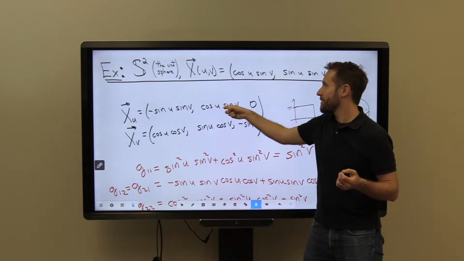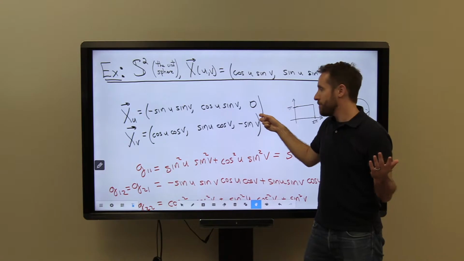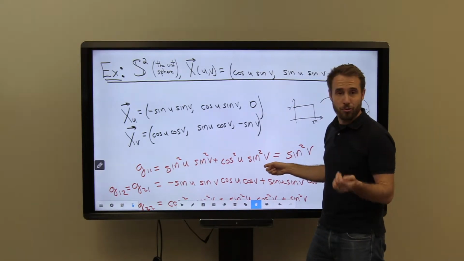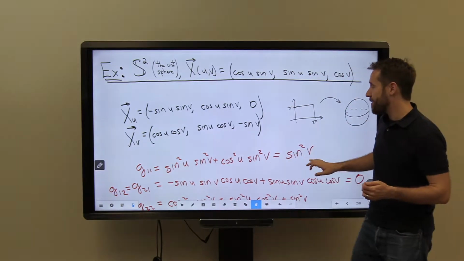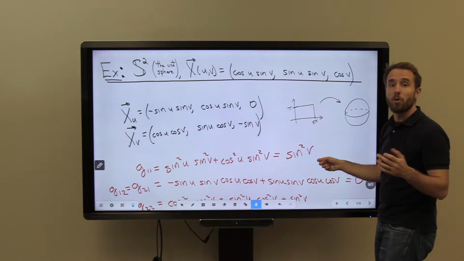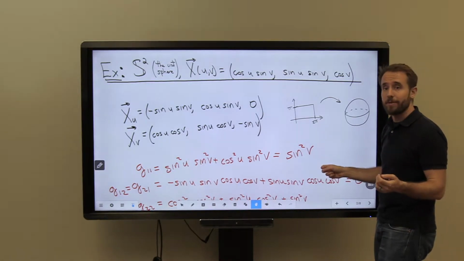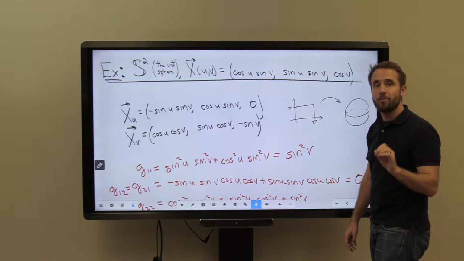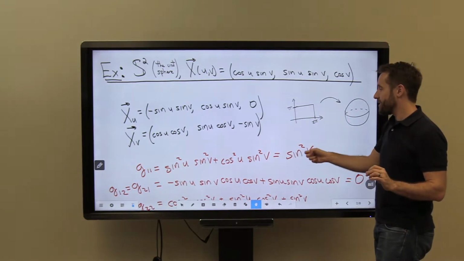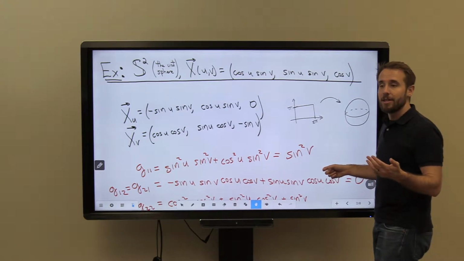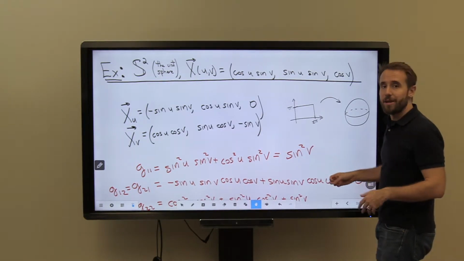That's this times this. And then plus 0 times 0. So we would get that as our entry. Of course, because of the Pythagorean trig identity, we can simplify this down, and the end result is just sine squared of v. And of course, as we plug in different v values, that entry would change depending on v.